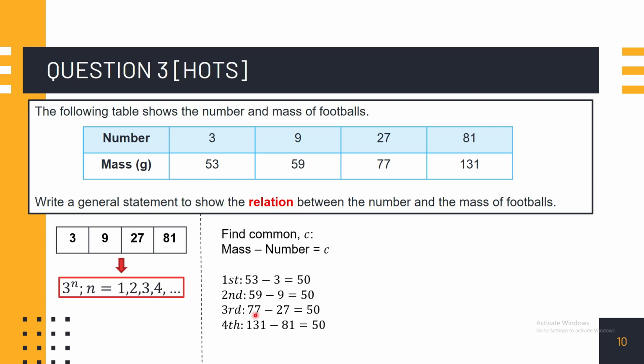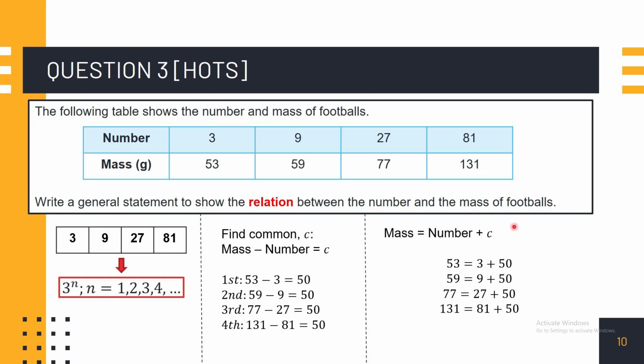The third one, 77 minus 27 equals 50. And the fourth one, 131 minus 81 equals 50. So 50 is our common, our C. Then this is the formula for each of these data, which is mass equals number plus C.